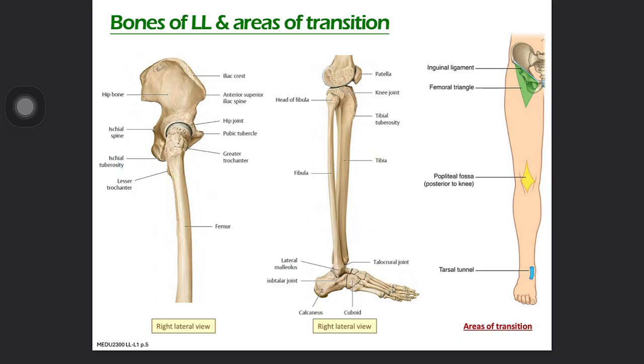Good. So these are the areas, remember, of clinical significance, right? Think about each part. It could be an injury, or some problem that leads to edema developing, or what we call a stab wound. I remember some time ago, there was a short answer question with a scenario, like a chef with a stab wound on the femoral triangle, and then what will happen, which nerve is damaged, and so on.